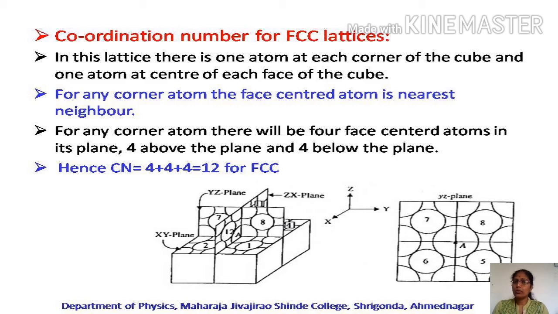Therefore, the total number of nearest neighboring atoms in case of FCC lattice comes out as 4 plus 4 plus 4, that is 4 in its plane, 4 nearest neighbors above its plane, 4 nearest neighbors below its plane, that is 12. CN is 12 in case of FCC.